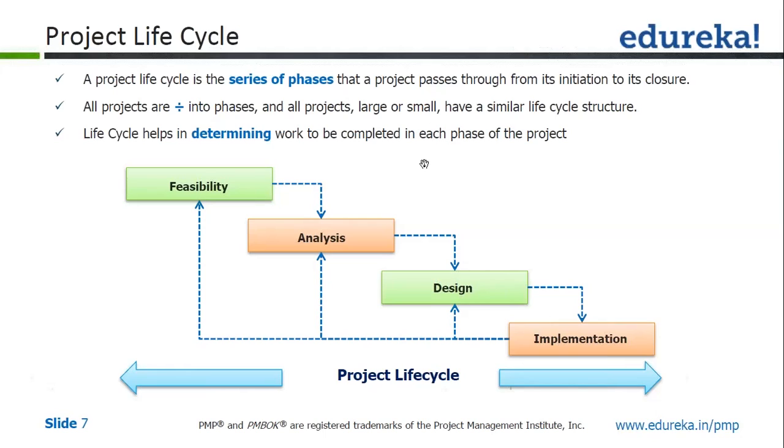For example, what is in front of you is feasibility, analysis, design, and the last one is implementation. These are the phases. They can be implemented either sequentially or overlapping. They are usually overlapping, not 100%, but you may start a little early.